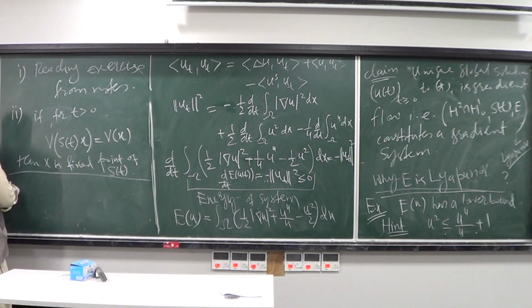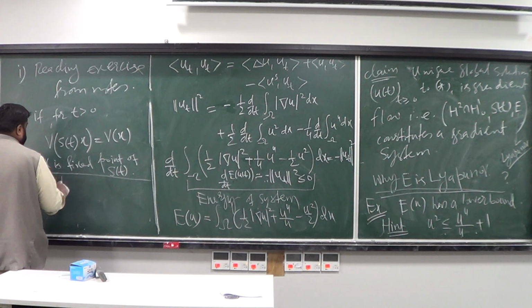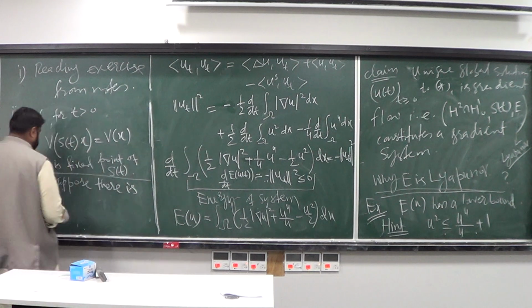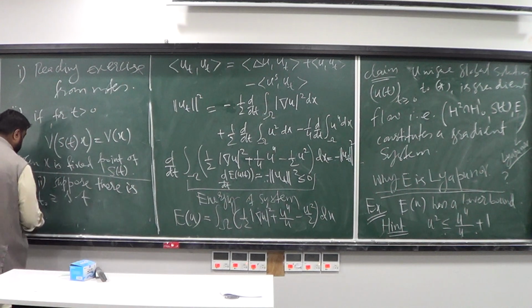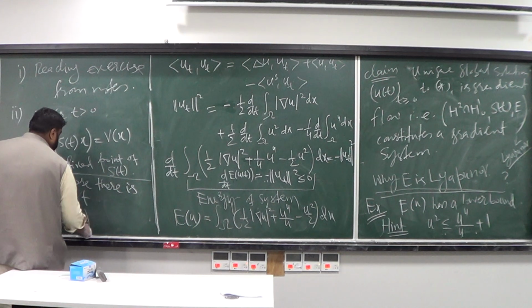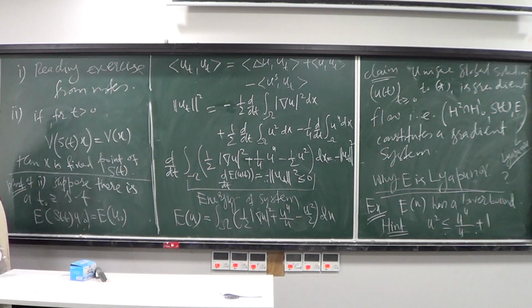So here's the proof of 2. Suppose there is a t naught such that E of S of t naught of u naught is equal to E of u naught.